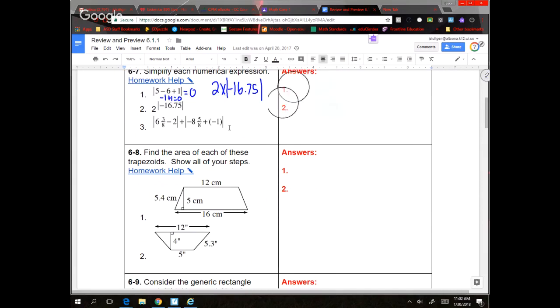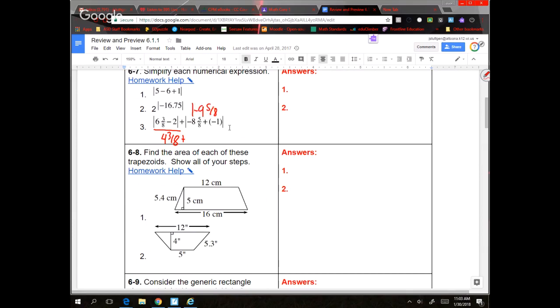Third one, kind of a big long one dealing with fractions and so on. This first part here, I got 6 minus 2. That's 4. 4 3/8. Plus, I have -8 plus -1. So that gets me to -9 5/8.